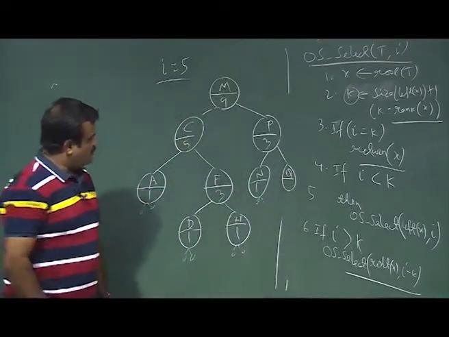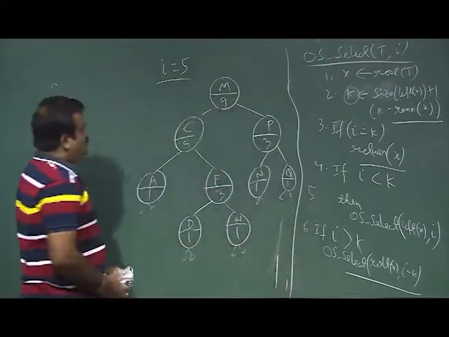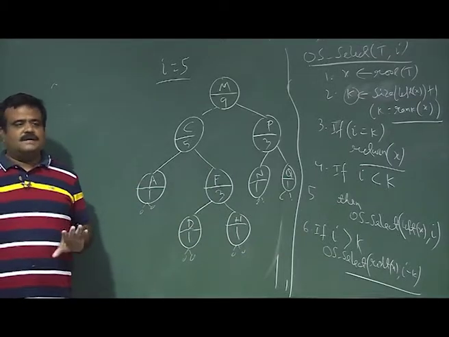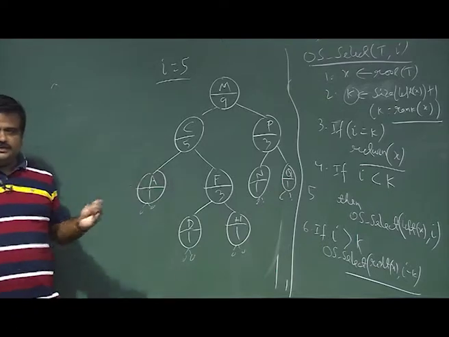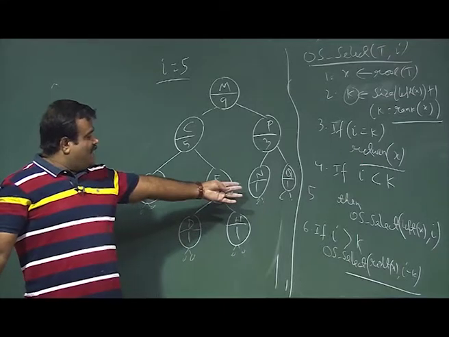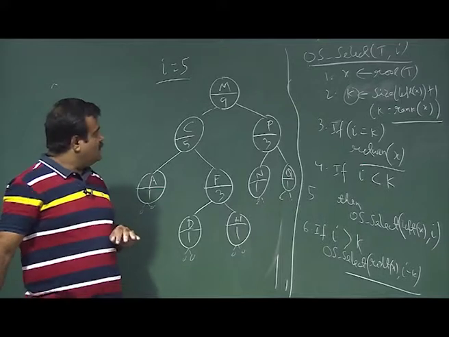This is the complete tree, and this is our set S. We have this data structure, which is basically a red black tree, but we did some augmentation by adding this extra field, the size, so we are keeping the size of the tree.